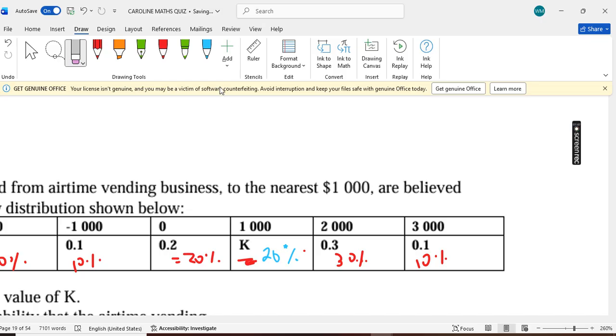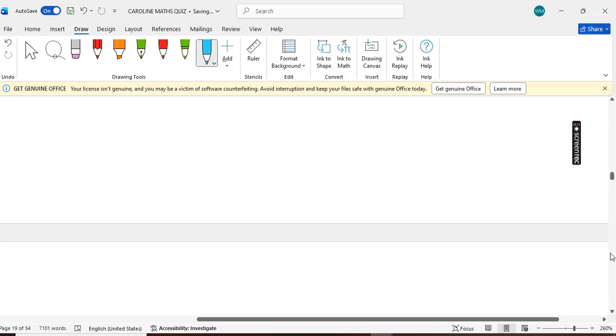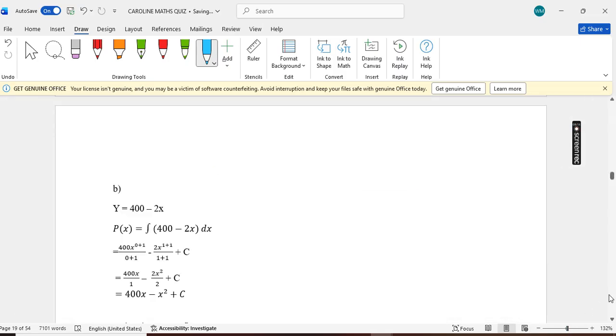So a profit of at least 2,000 is the minimum profit. Meaning you can make a profit of 2,000, or you can make a profit of 3,000. So we're going to put it like this mathematically.